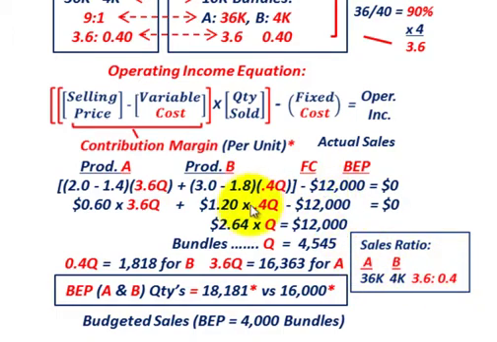Now this is the procedure here. For what we had budgeted, we would have been using 3 for product A instead of 3.6, and for product B it would have been 1. So we went through it just looking at it in terms of our actual sales. Now we're looking at our break-even quantities.